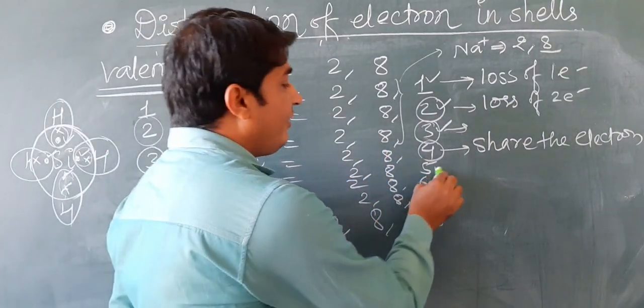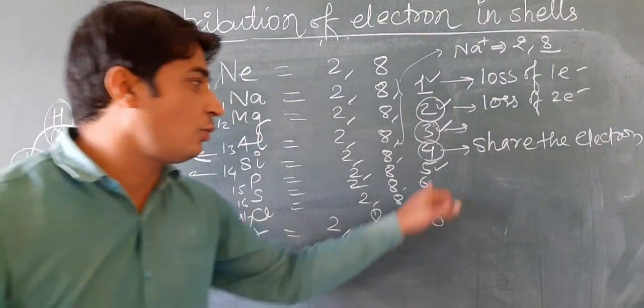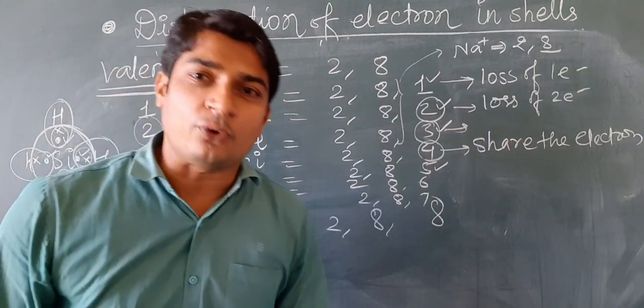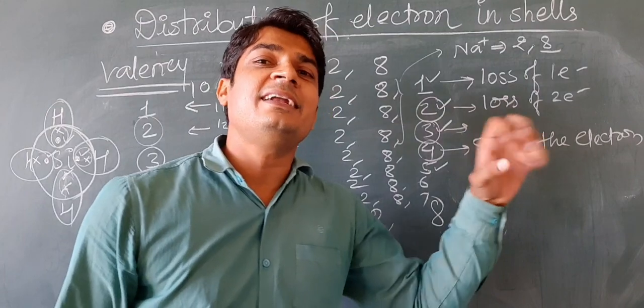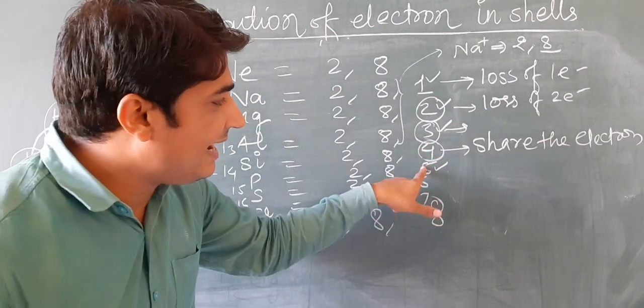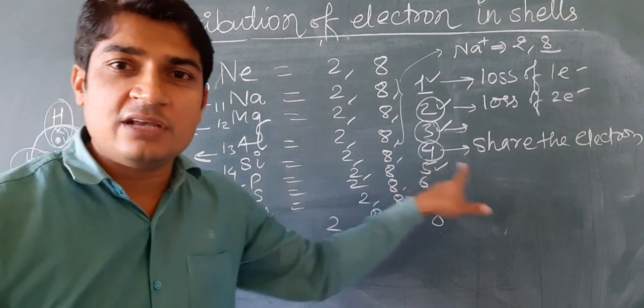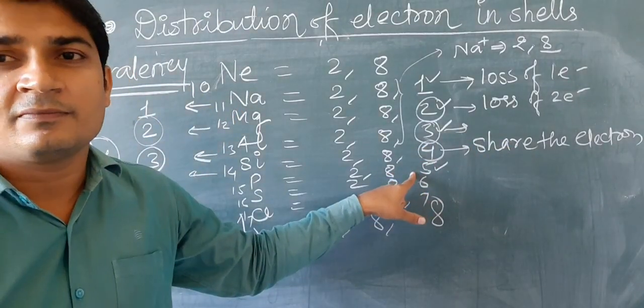Phosphorus has 5 electrons. If the number of electrons is close to the octet, or we can say if it is greater than 4, then combining capacity is calculated in a different way, because they can accept 3 electrons. Instead of losing 5 electrons, they accept 3 electrons to complete the octet.